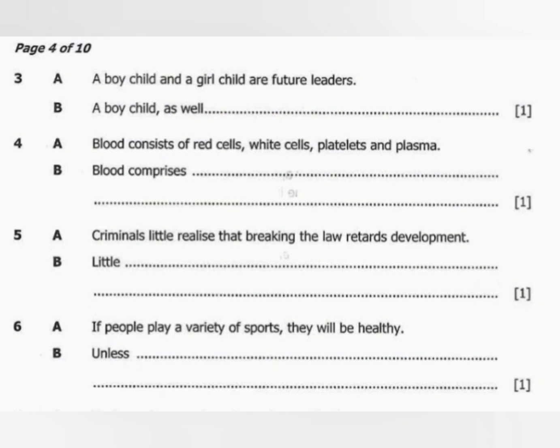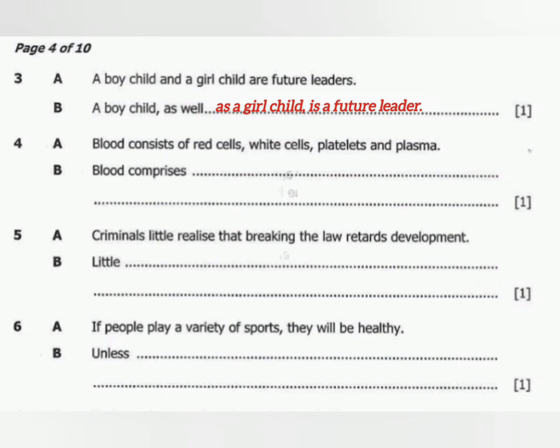So I'm going to say a boy child as well as a girl child, then you're supposed to put a comma. A boy child as well as a girl child is a future leader. That's all.